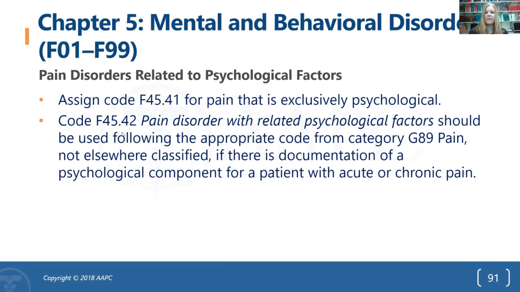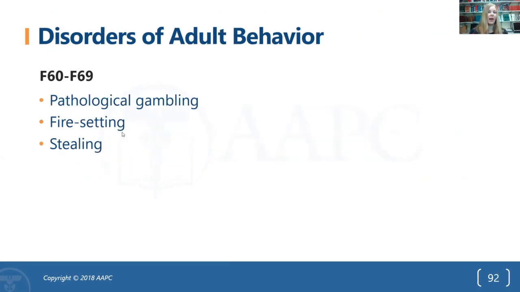You would use code F45.42 for pain disorders with related psychological factors, following an appropriate code from the G89, which would be the pain code, pain not elsewhere classified, if there is documentation of a psychological component for a patient who suffers from acute or chronic pain. In this chapter, we have also disorders of adult behavior, such as things like pathological gambling, fire setting, and stealing.